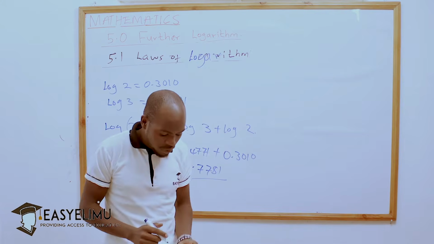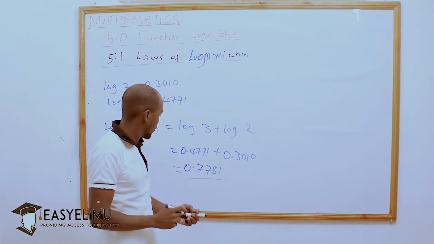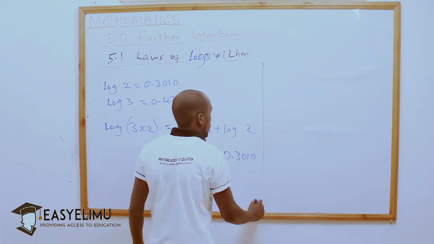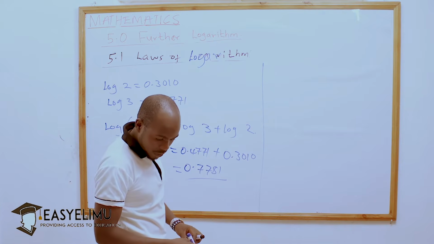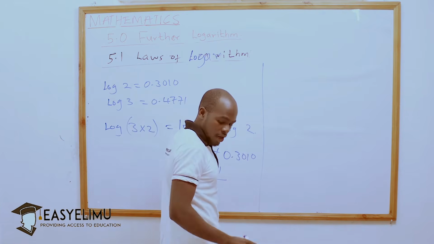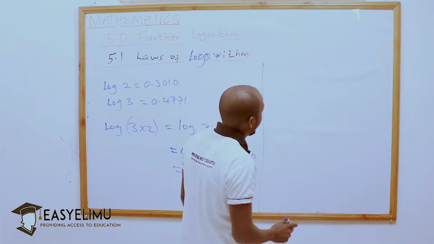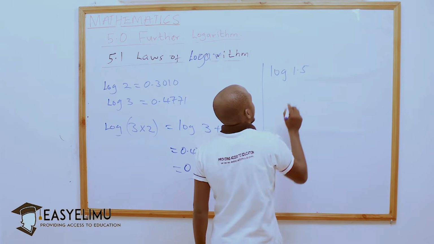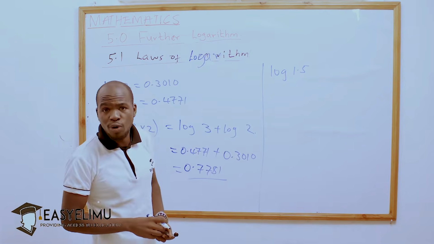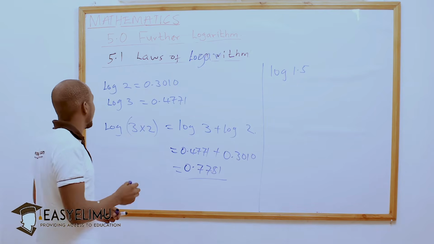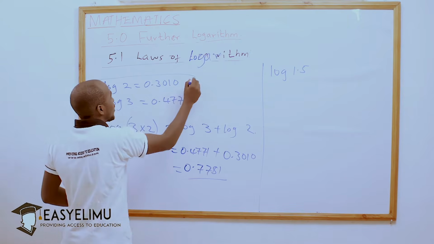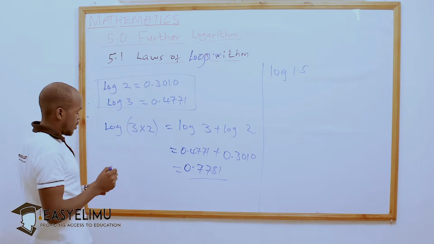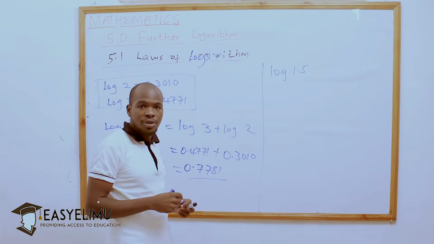Then we have another one which includes division, and that is log 1.5. We have been told to find log 1.5, but remember, we were only given log 2 and log 3.